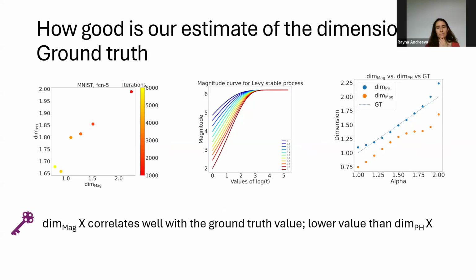What we observed was that the magnitude dimension, here in orange, correlates well with the ground truth value. However, it was always lower than the ground truth and also the persistent homology dimension. Exploring this difference is the subject of future work.